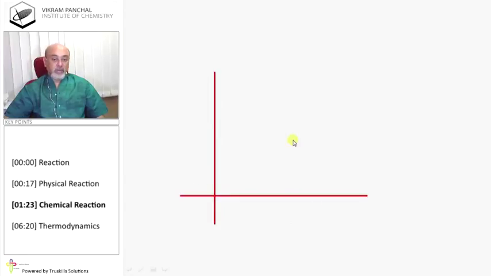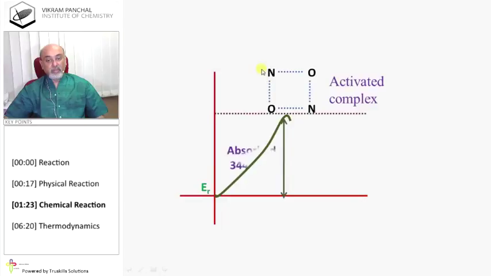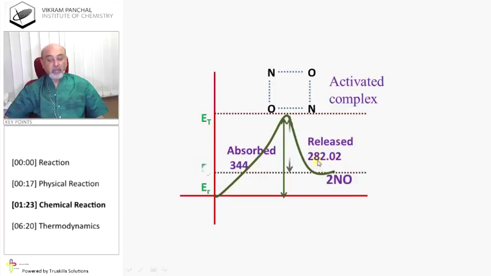Nitrogen and oxygen are elements, so energy of these elements will be 0. But when energy is given, their energy increases, and now nitrogen is away from nitrogen, oxygen is away from oxygen, no attraction or repulsion, activated complex is formed. But system absorbed 344 kilocalorie. If nitrogen collides with oxygen at this stage, then again energy is released, but that is less because 282 kilocalorie is released when bond is formed.